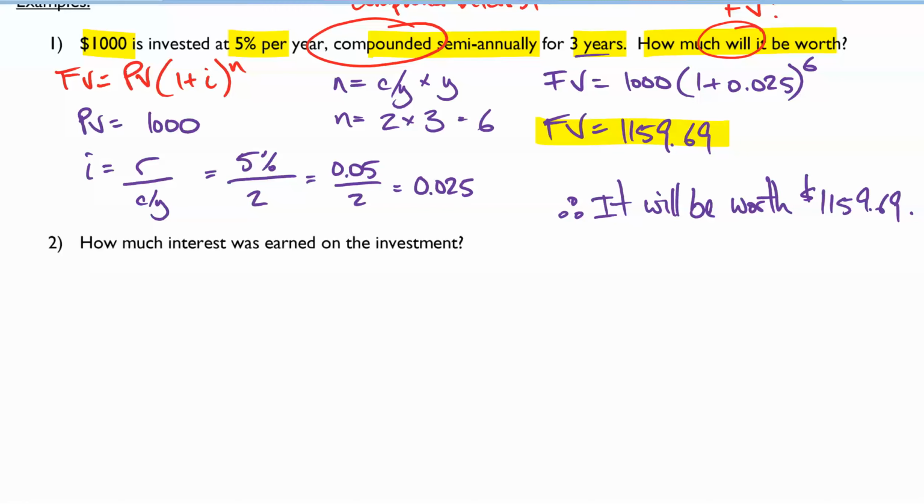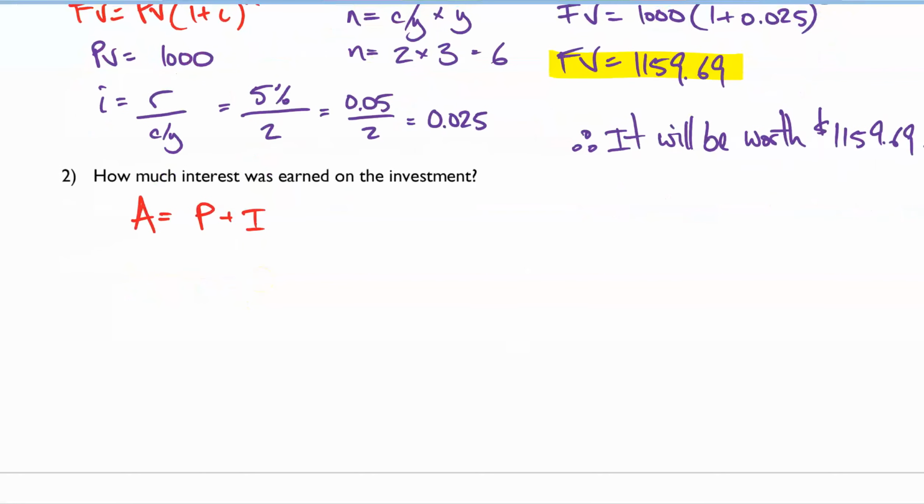A, remember this one, A is equal to the principal plus the interest. Okay? When it comes to compound interest, however, we can rewrite this as future value is equal to the present value plus the interest.